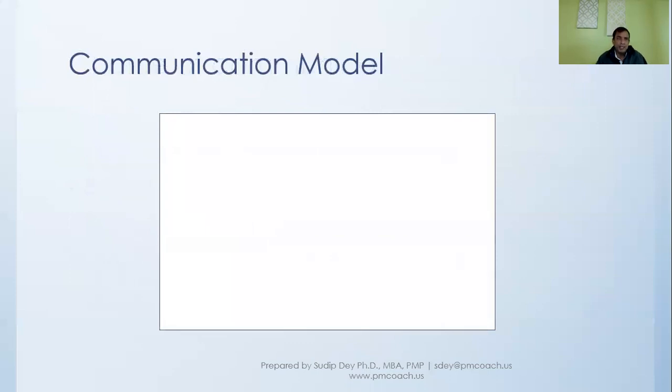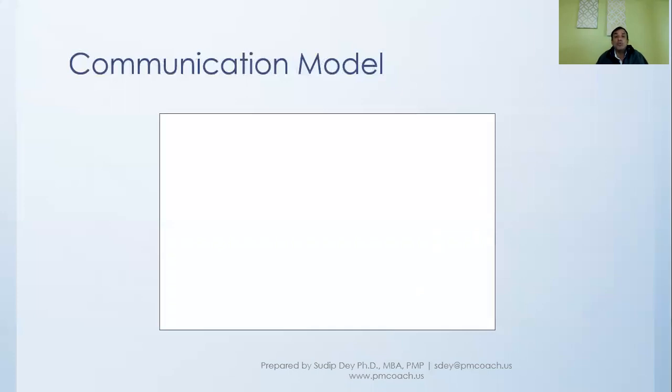Then, when we communicate, there can be many different ways we can communicate. For example, sometimes we might just speak face to face, or sometimes we are just sending an email, or many times we want to really discuss and interact. So in other words, sometimes feedback might be very important in the whole communication.